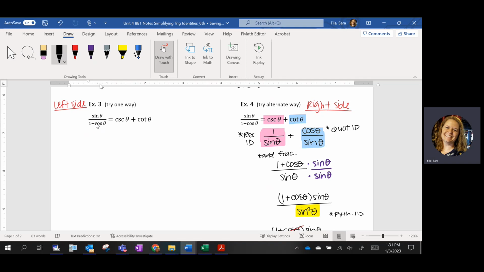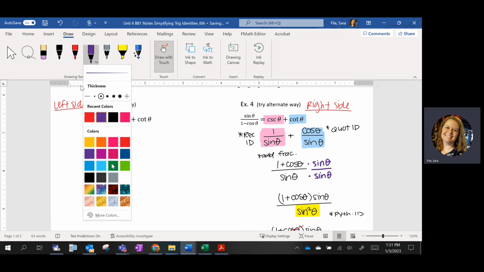But there's not much I could do right now. Like there's nothing to replace or simplify yet, is there? So this is where I'm going to remind you of an algebraic process that you probably haven't done in a while.